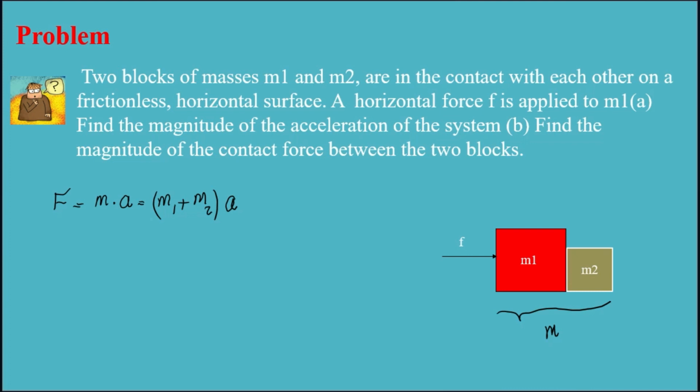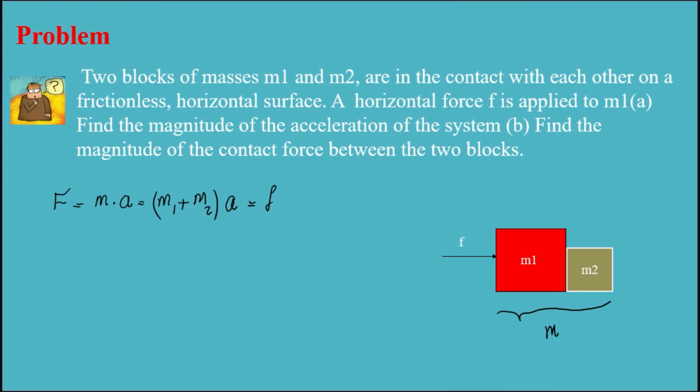Here my F total is equal to little f. The reason is that when the force F is applied to the system, the blocks move, and of course they move together. So my F total is equal to F, since there are no other forces applied to this system.